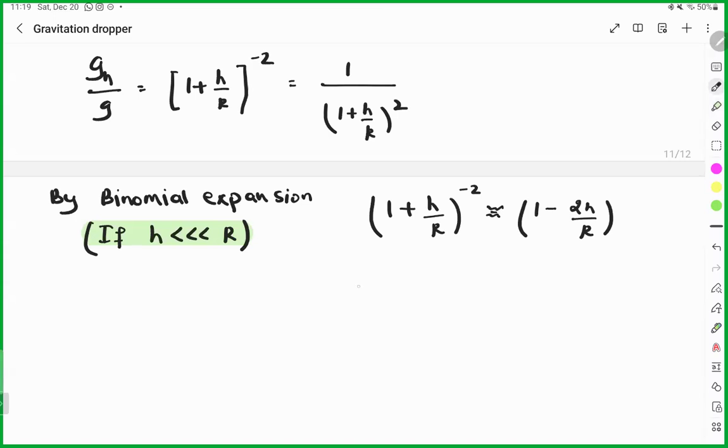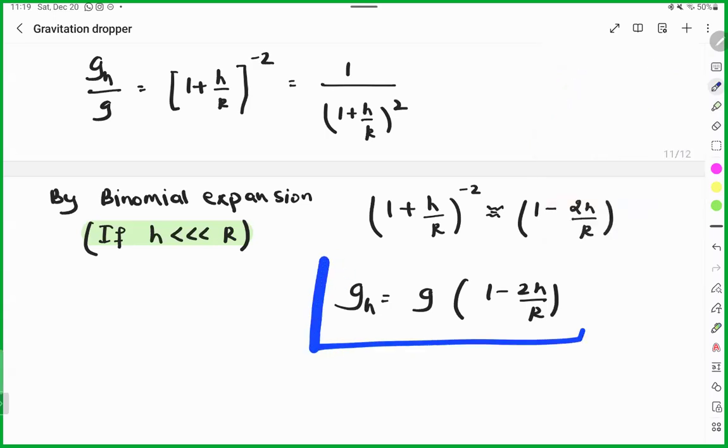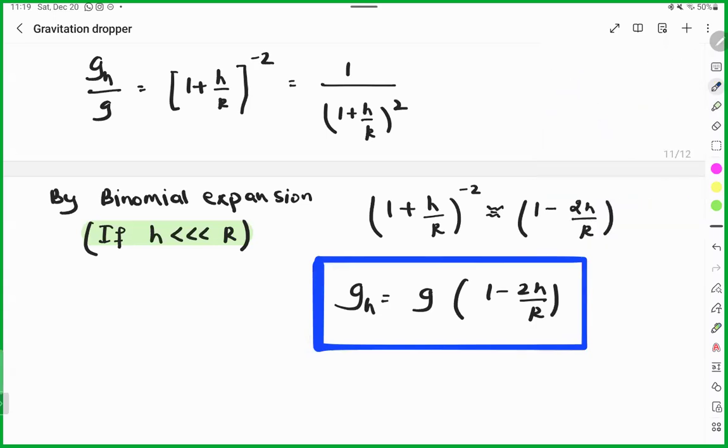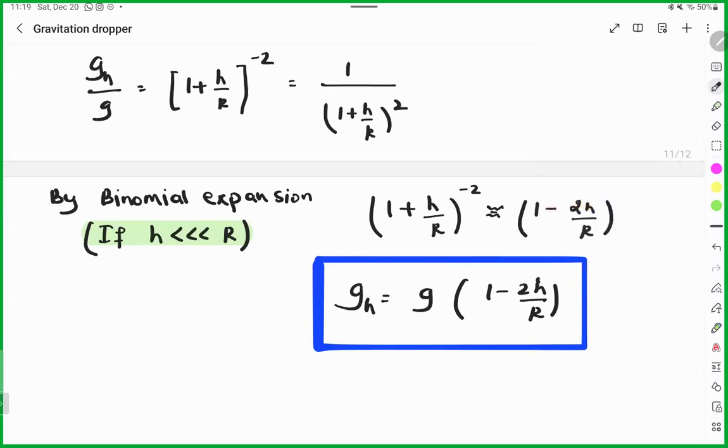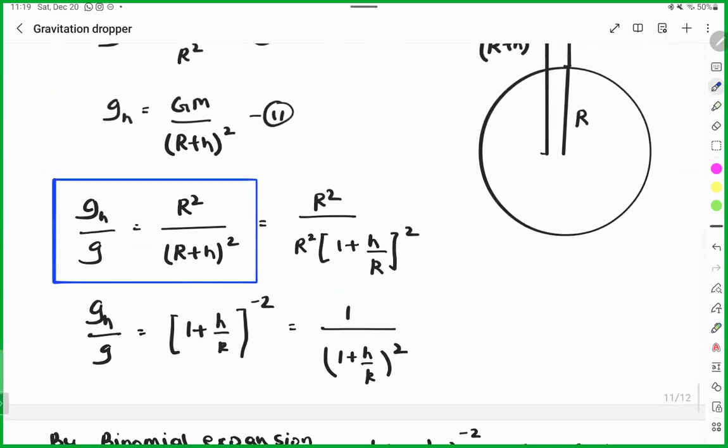If this is the situation, your g at given height is g times 1 minus 2h by R. Extremely important, very, very, very important. But only when this is applied. Otherwise, this is perfect, no exception in this. Always apply this and see what is the h value.